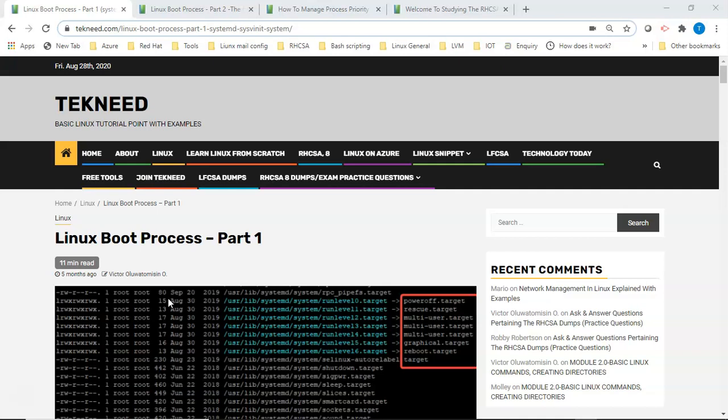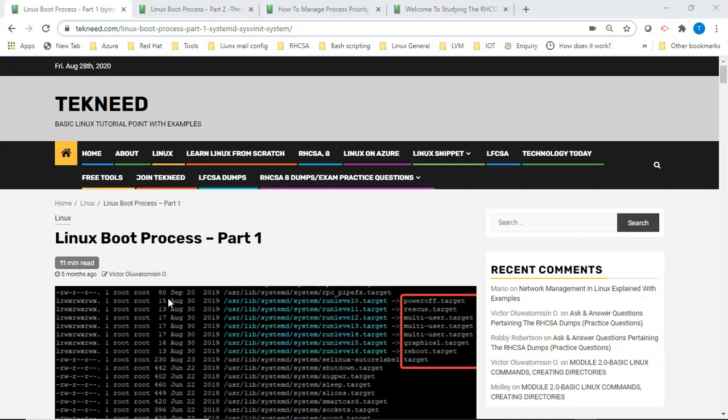The system can run in different modes or different run targets depending on the preset mode. The mode that the system is set to by default is what the system will boot with and becomes the system state. So it is safe to simply say that run targets are the modes the system runs in.